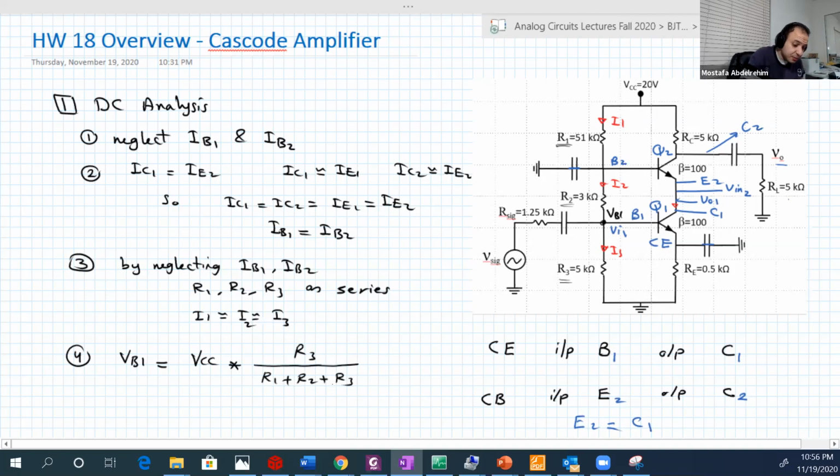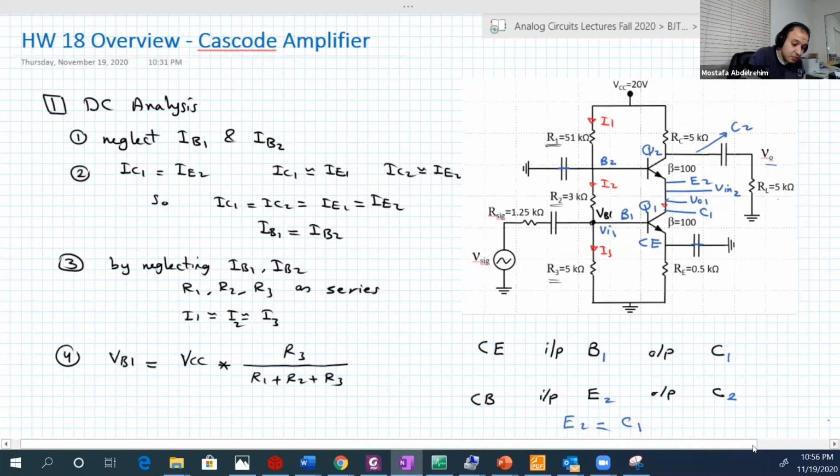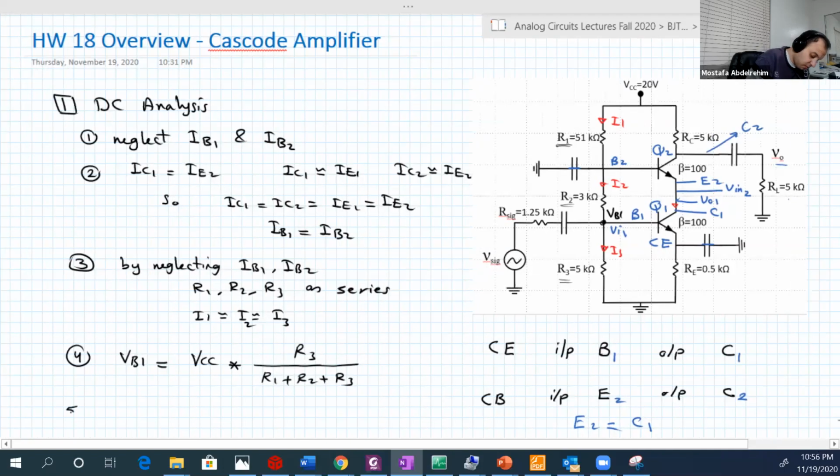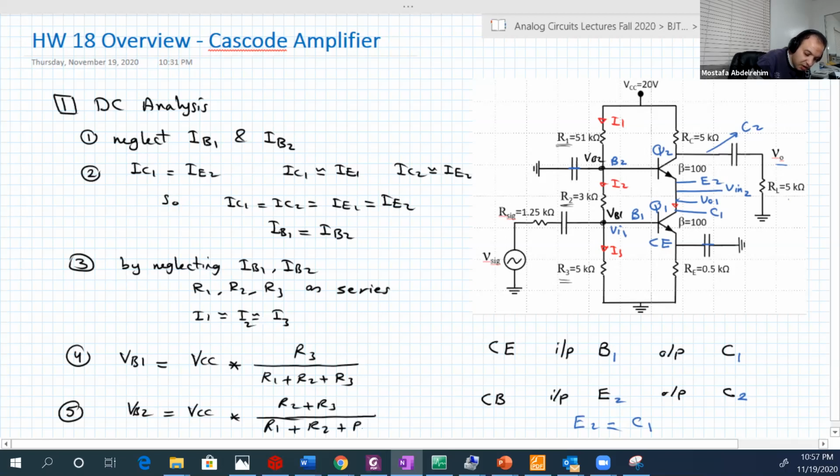Not just that, V base 2 is also the same: V base 2 equals again VCC, but now multiplied by R2 plus R3 over R1 plus R2 plus R3.